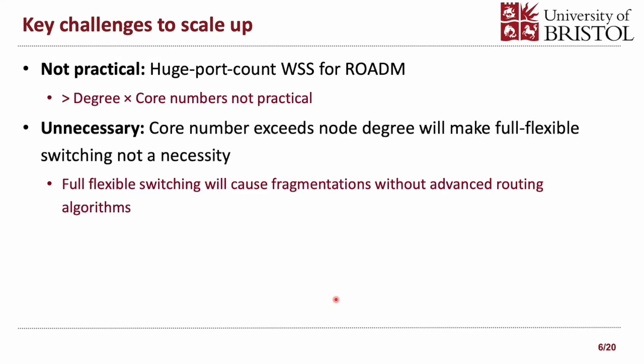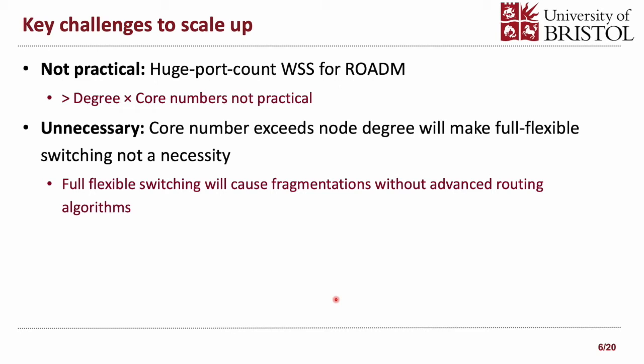Second, we think this scale up is unnecessary, because with multi-core fibers with more cores inside, we have seen the core number exceed the node degree. So full flexible switching is not a necessity. We also notice that full flexible switching will require a very advanced routing algorithm to avoid further spectrum fragmentation.